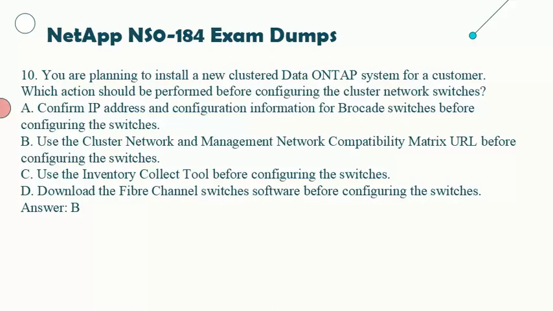B. Use the cluster network and management network compatibility matrix URL before configuring the switches. C. Use the inventory collect tool before configuring the switches. D. Download the fiber channel switches software before configuring the switches. Answer: B.